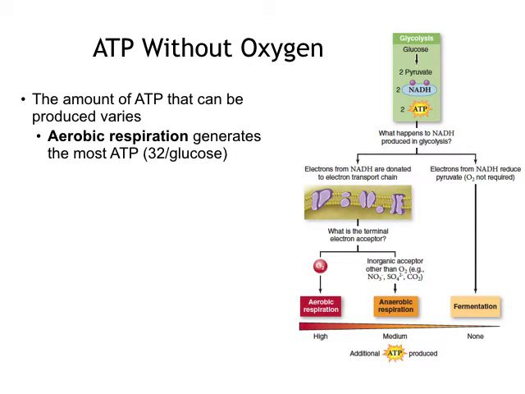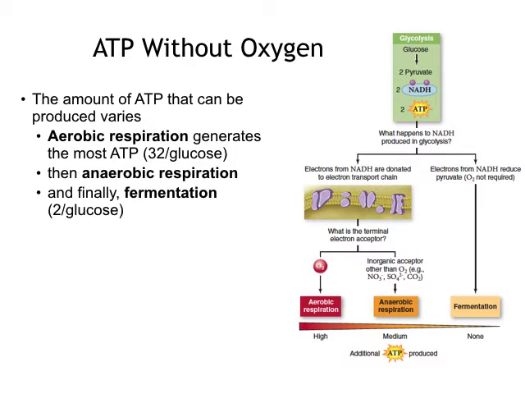So aerobic respiration generates the most ATP, and it's 32 ATP per glucose. That's including glycolysis. Then anaerobic respiration also makes quite a bit of ATP, but not as much as aerobic. But finally, fermentation makes the least. It only makes 2 ATP per glucose, and those 2 ATP come from glycolysis.